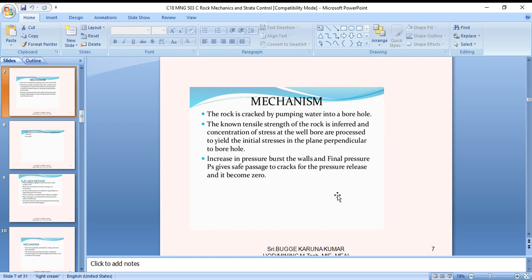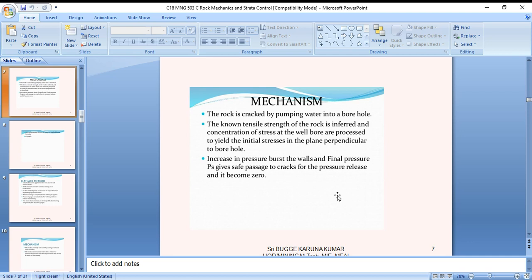So, the mechanism. The rock is cracked by pumping water into a borehole.